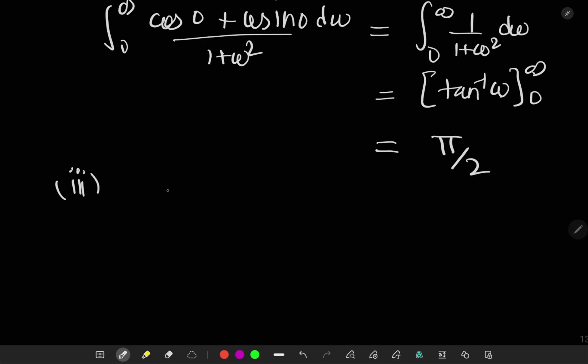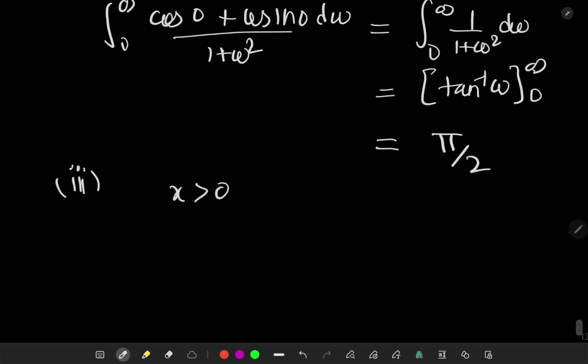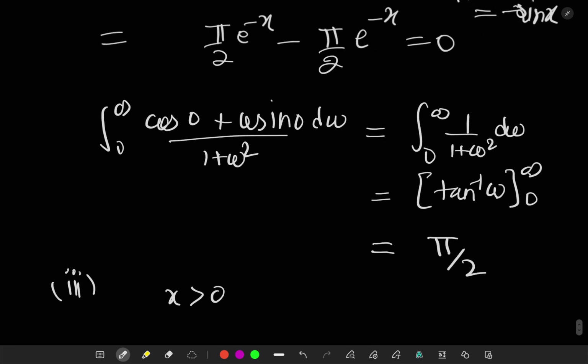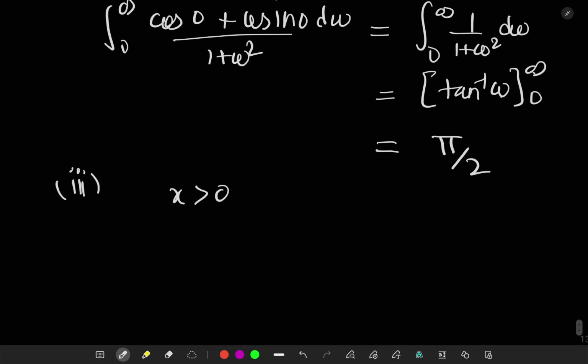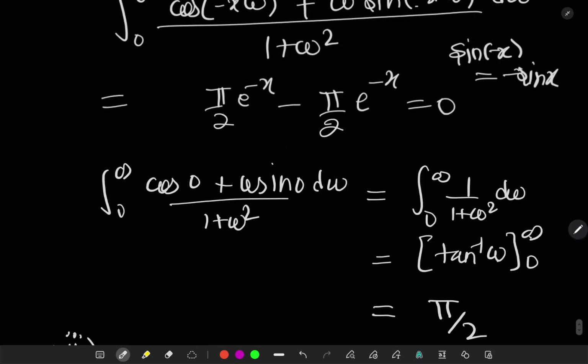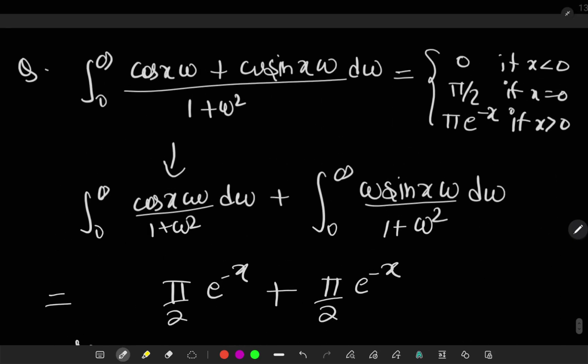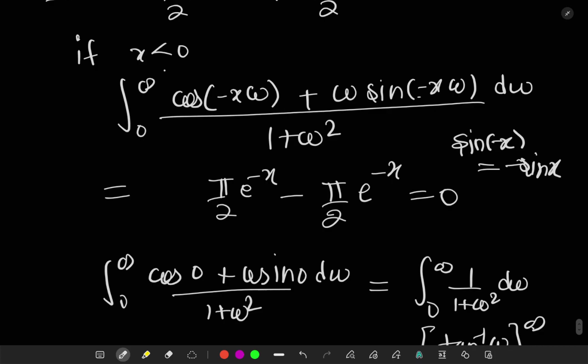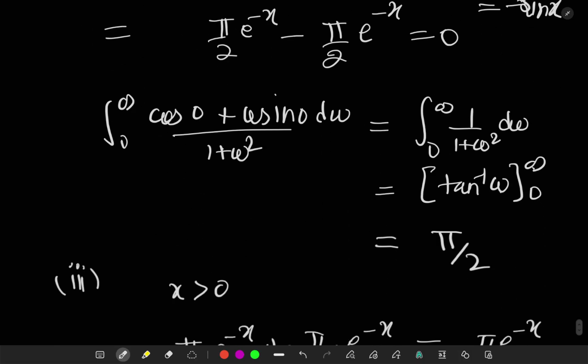Now third, when x is greater than 0, this integral becomes pi by 2 e raised to power minus x plus pi by 2 e raised to power minus x, which equals pi e raised to power minus x. Hence all three conditions are satisfied, hence these values represent a Fourier integral.